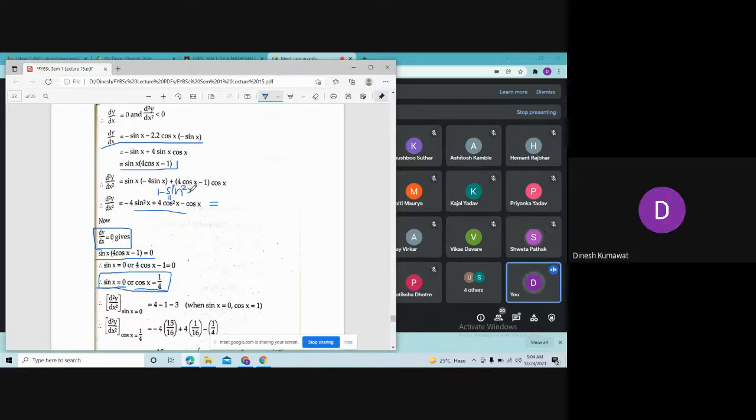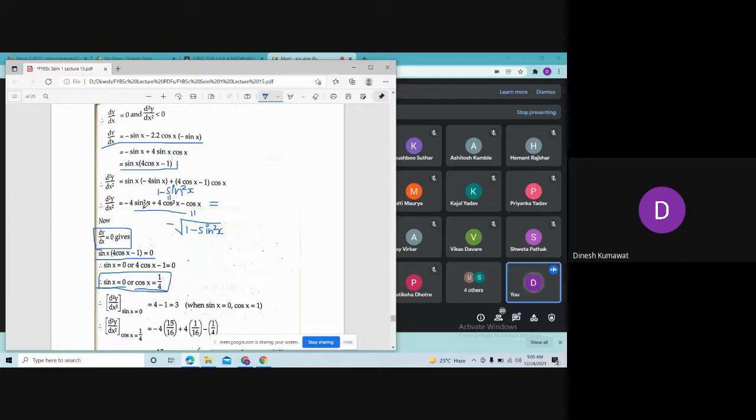और cos x को क्या पुट करेंगे? Minus root over 1 minus sin square x. Is that clear to everyone? Yes, sir. Outside we are having negative sign.